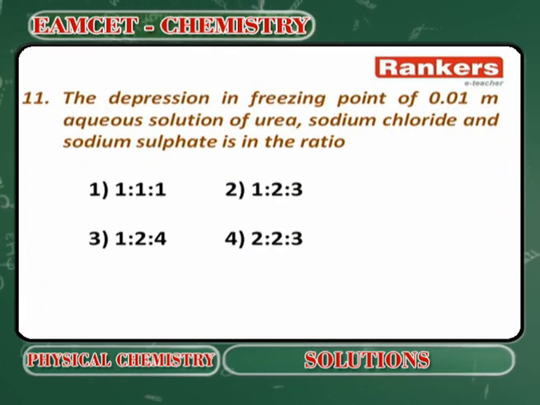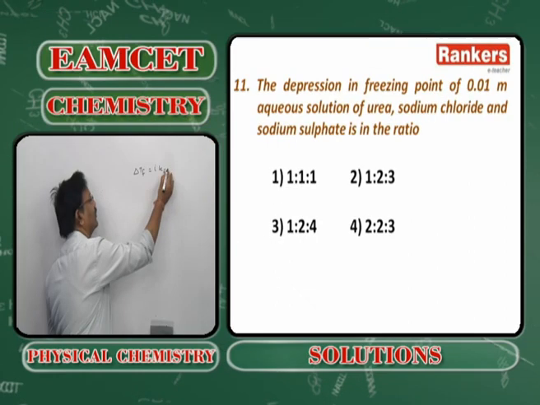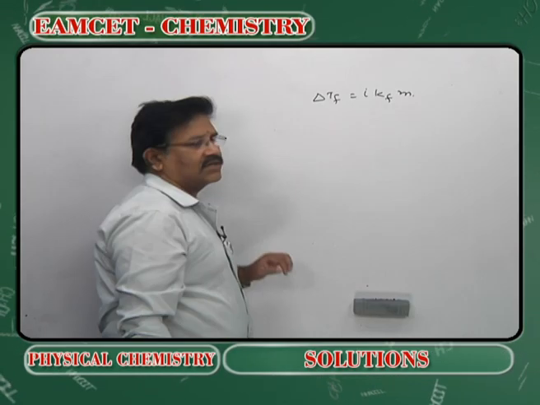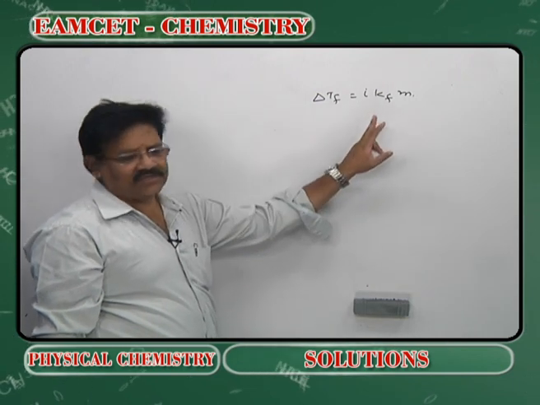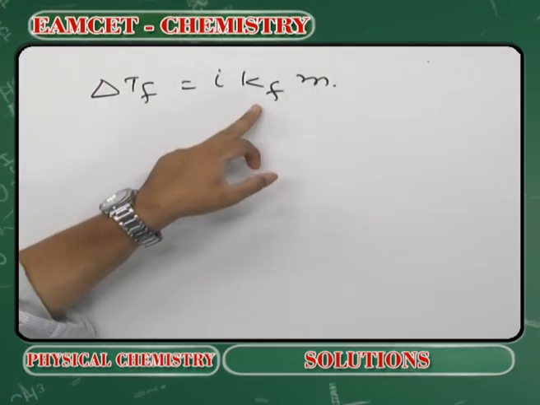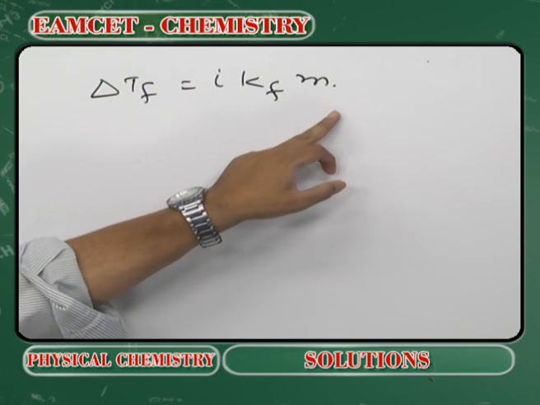Next. So here, what is the point? Delta TF is equal to i into KF into m. Which are constant? KF is constant and molality is constant.